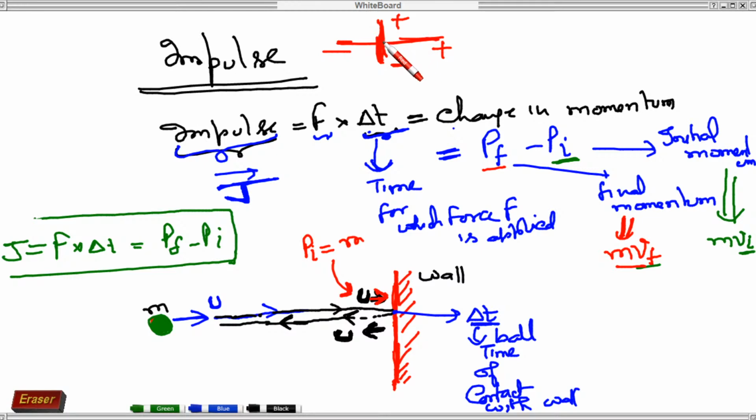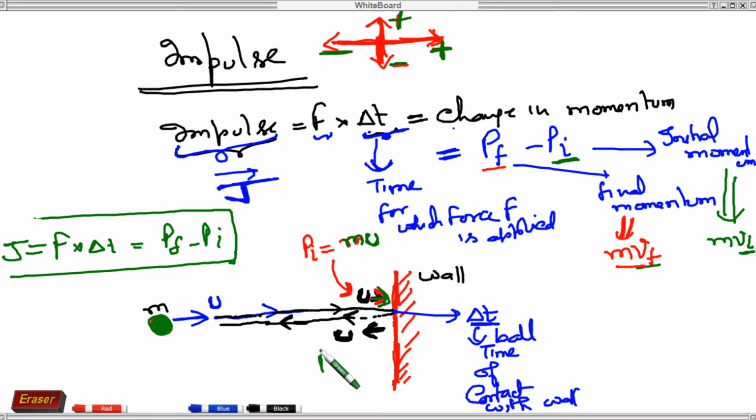So our u is in the positive direction, and the initial momentum Pi will be m into u.